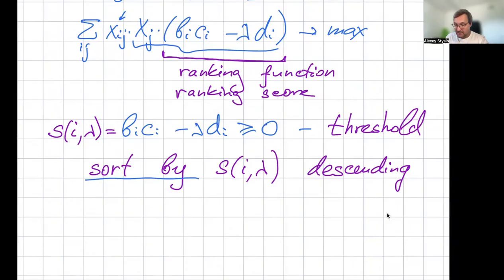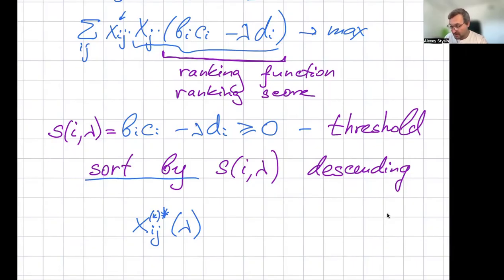The result of this sorting is that we actually found the optimal allocation variables xij given the lambda, and we did this for every auction k. So now in every auction k, given the lambda, we know the optimal allocation variables.